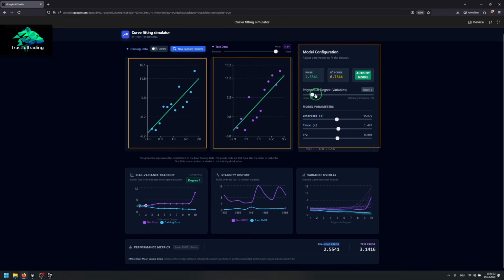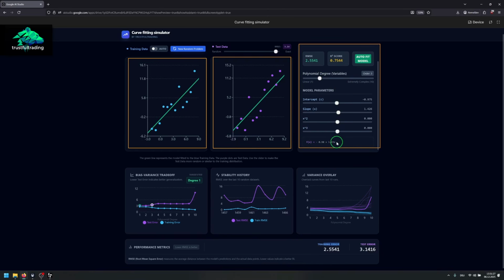And if I increase the number of parameters, we can see here the equation is down below. The model gets more complex, and we can try to fit our model to the historical data. Of course, with more parameters, it's easier to fit the model to the historical data.